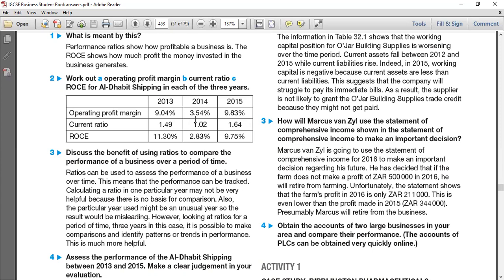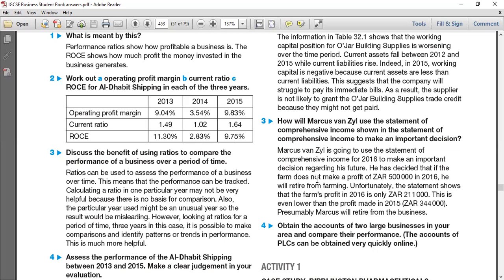In 2013, and it's gone down to 1.02, that is bad. And then again they recover in 2015, that's now in the safe zone. ROCE, I can see 11.3 return, then they went down to 2.8 return, and then again increased to 9.7%.